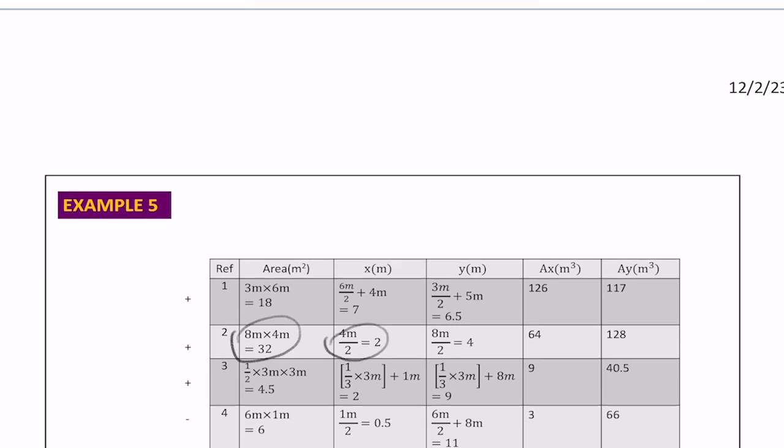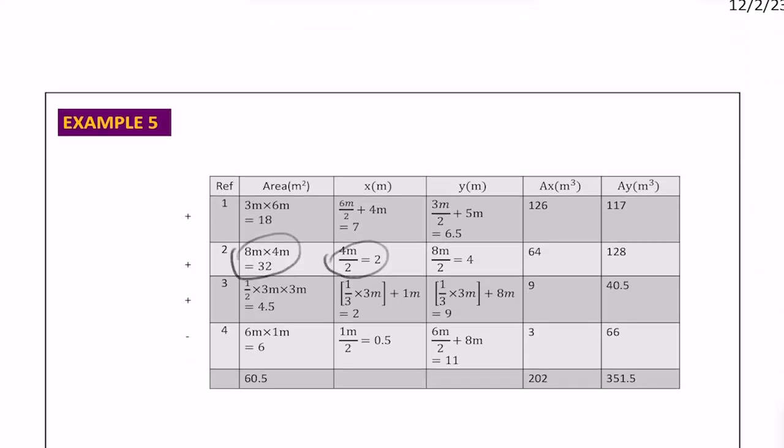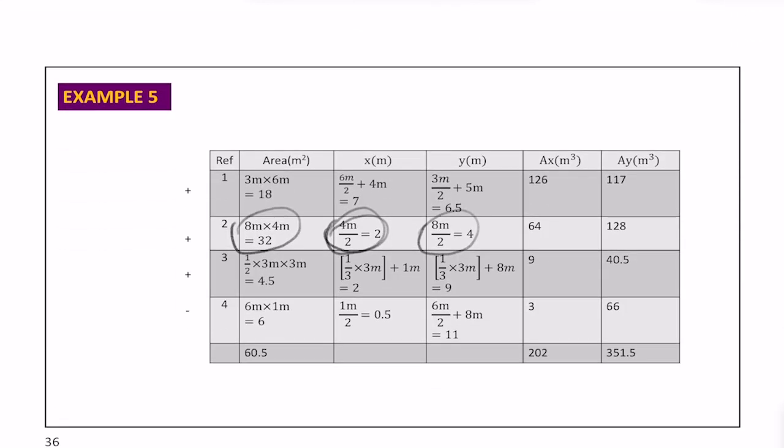And the x bar is going to be the distance from this section to the x-axis. Therefore, 4 meter divided with 2. And for the y bar, it will be from the centroid to the y-axis. It will be 8 meter divided with 2. And you times the area with the x bar and the area with the y bar.